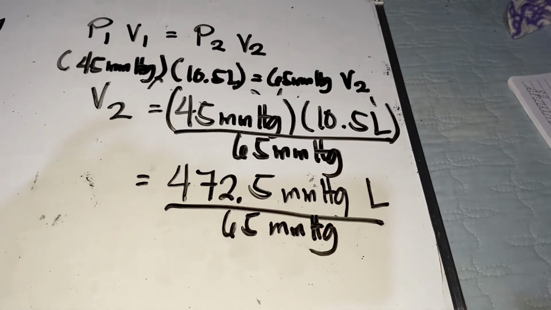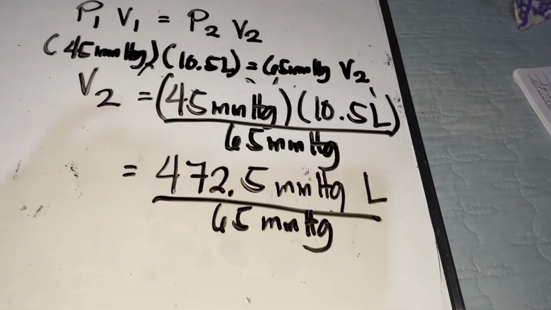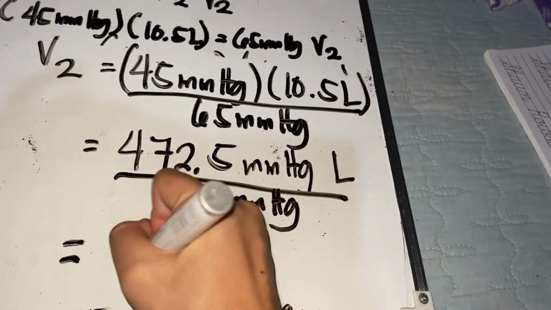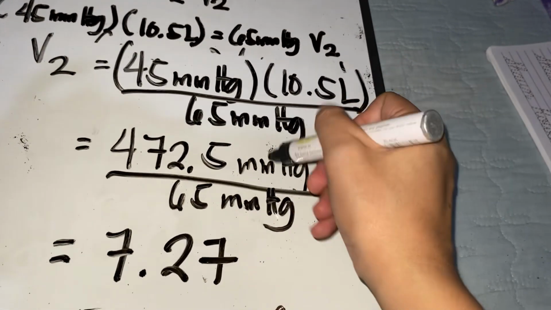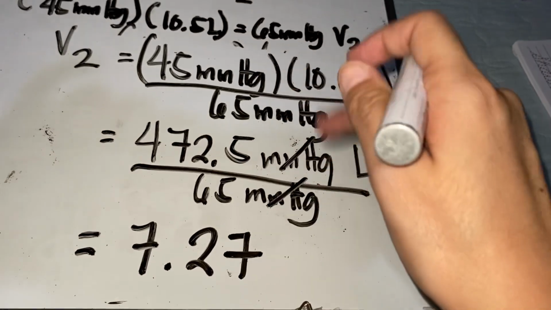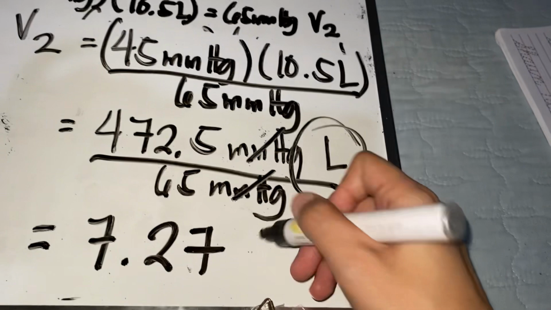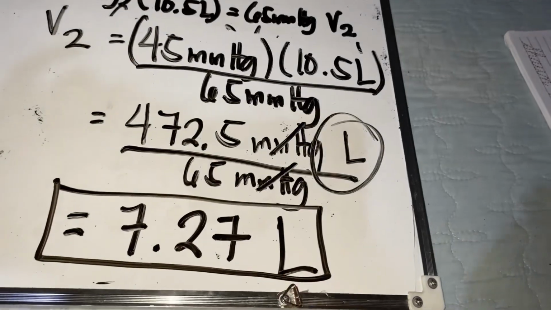Now, we will just have to divide 472.5 by 65. So the answer is 7.27. Now we will just have to cancel these two since they are the same. Now the remaining unit of measure is this one, so we put L here.